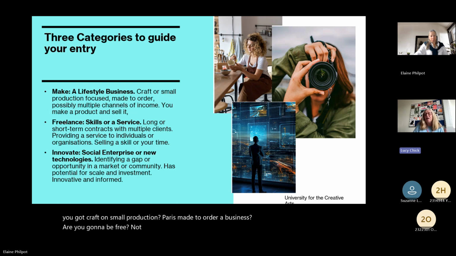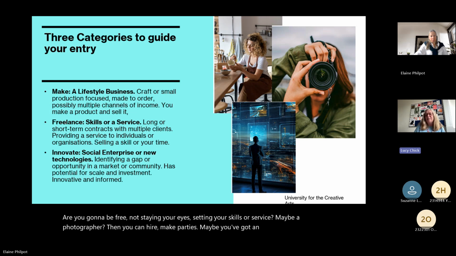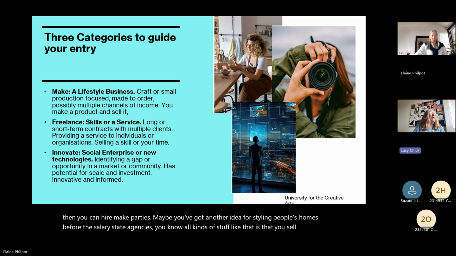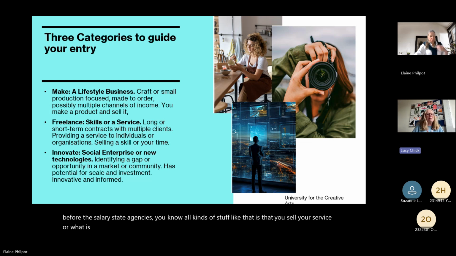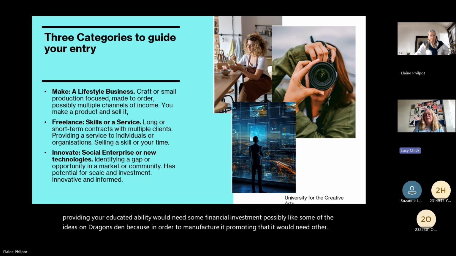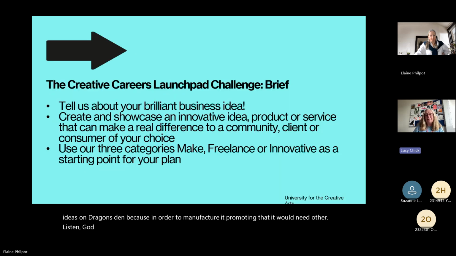Maybe you're a photographer, a hair and makeup artist, or you've got an idea for styling people's homes before they're sold to estate agencies. Or is your idea innovative and would need some financial investment, possibly like some of the ideas on Dragon's Den, because in order to manufacture and promote it you would need other investment, but it's innovative and scalable and could become a really large business.